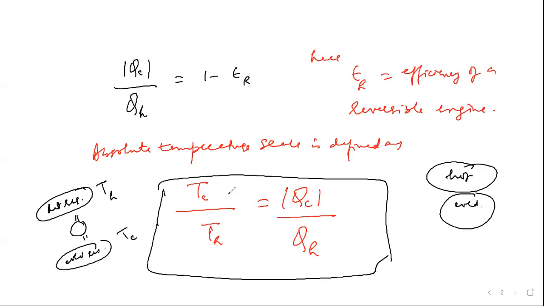If we want to find the temperature of a given substance, not the ratio of the temperatures of two systems, then we use triple point of water as our reference state.